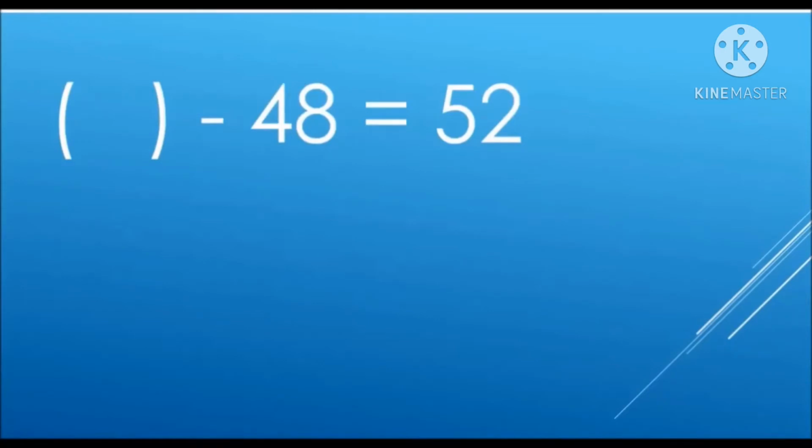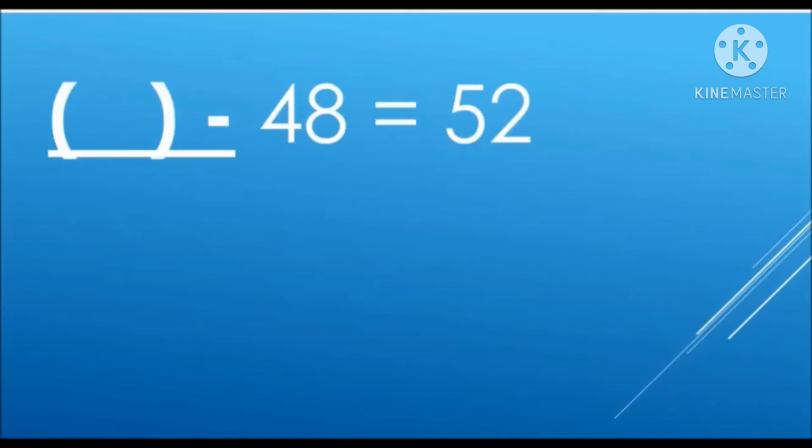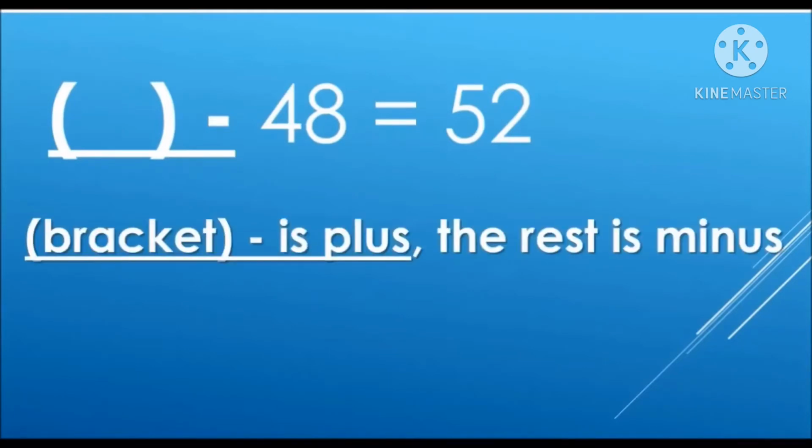The first two in this equation is bracket minus. So if the first two in the equation is bracket minus, to find the missing number, we need to plus, because bracket minus is plus.